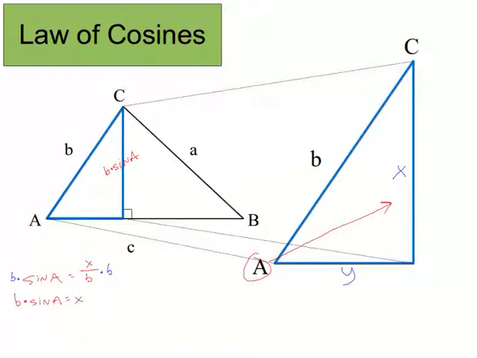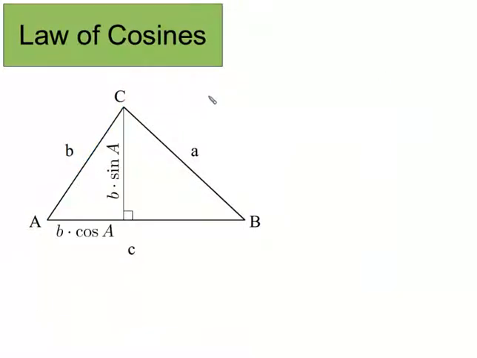To start off, instead of sine of A, cosine of angle A is equal to Y over B. Just like we did last time, multiply both sides by B. And we're going to find out that Y is equal to B times cosine of A. So this smaller segment of side length C in our triangle can be represented as B times cosine of angle A.